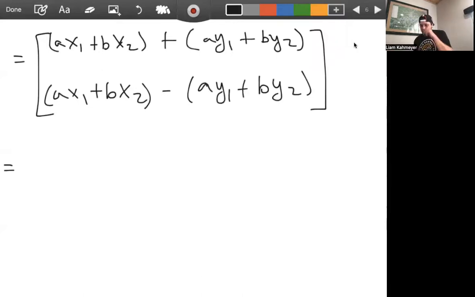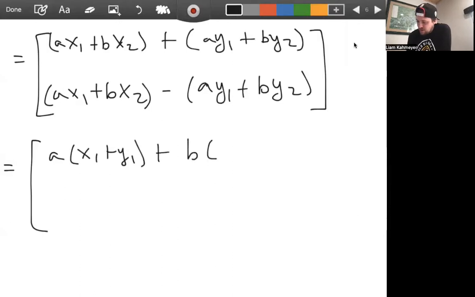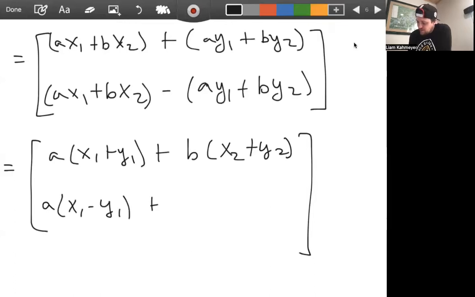Now we can simplify this, or complicate this, maybe, if that's how you view it, by combining everything that has an a factor in it and everything that has a b factor in it. If we do that, we'll have a times (x1 plus y1) plus b times (x2 plus y2). And then for the second component, we'll have a times (x1 minus y1) plus b times (x2 minus y2).